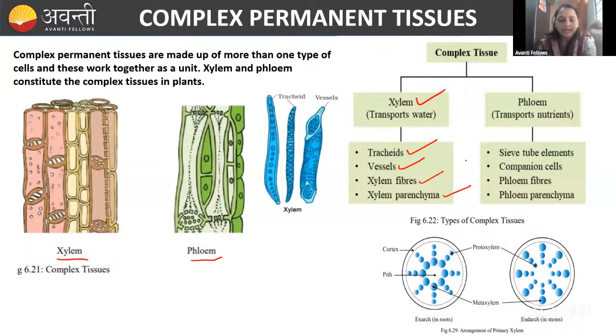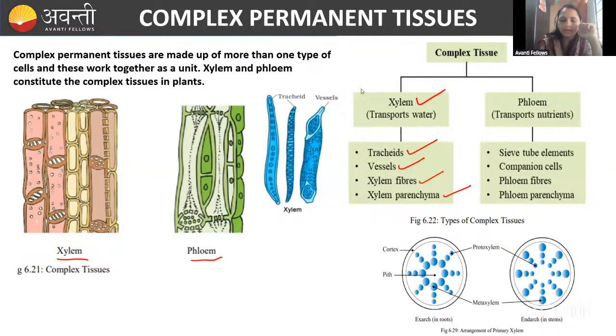Can anyone tell me which ones are the main water conducting cells in the xylem? And in the xylem, which one is dead?